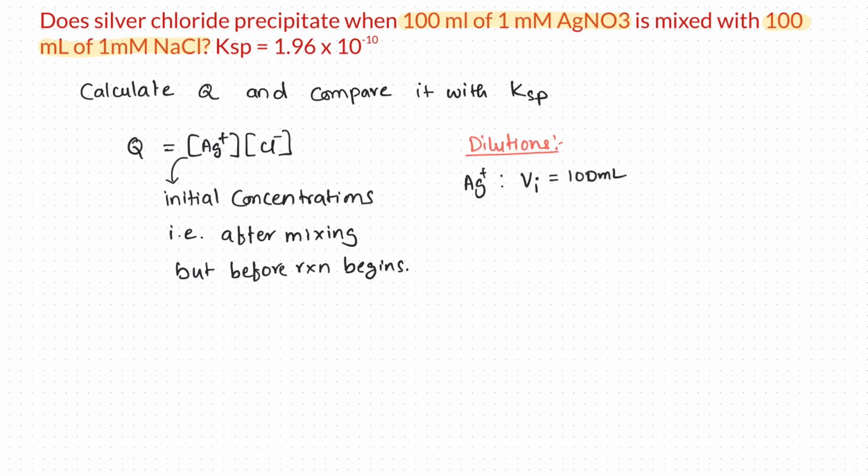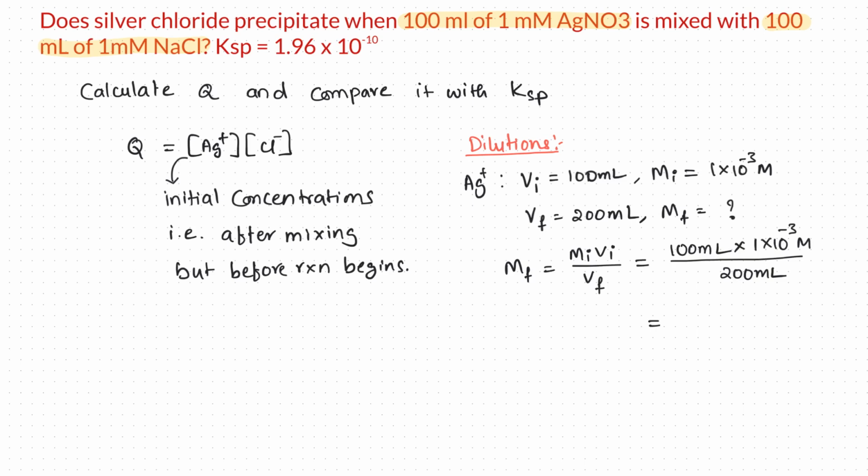The initial volume is 100 ml, the initial concentration is 1 millimolar, and the final volume is 200 ml. If we plug in these values into the dilution formula, we get the final concentration after mixing is equal to 0.5 millimolar.